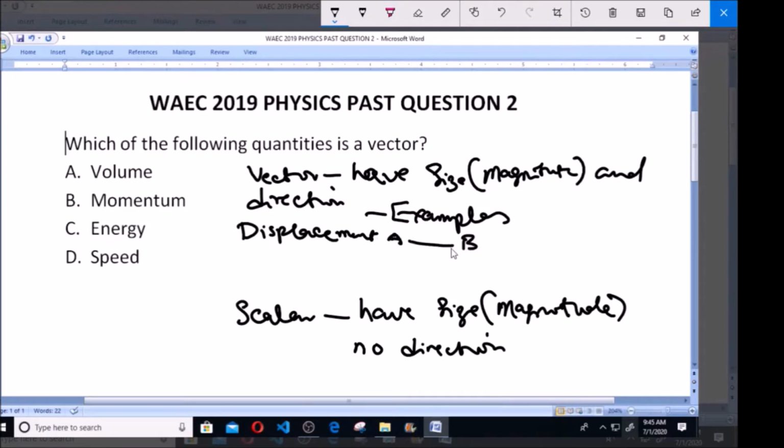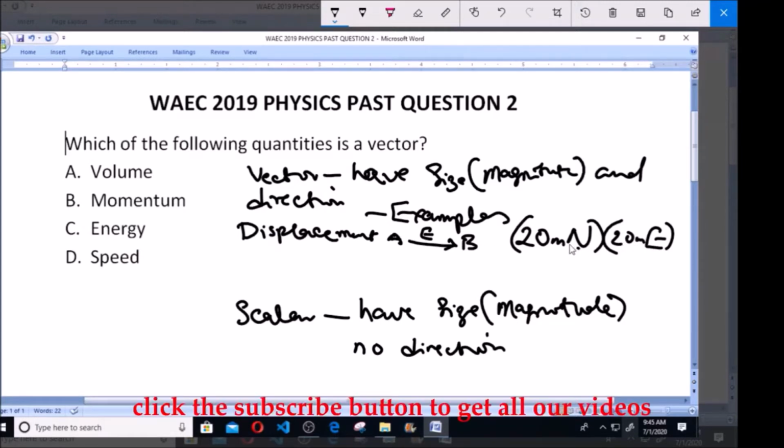But if you're traveling from A to B in a specific direction, say north or east, that is displacement. So displacement is a vector quantity because you can say 20 meters north, or 20 meters east. That is displacement, because you're showing the direction of the motion. But distance does not have direction, so distance is a scalar quantity.